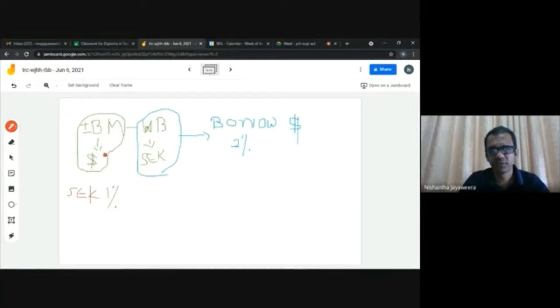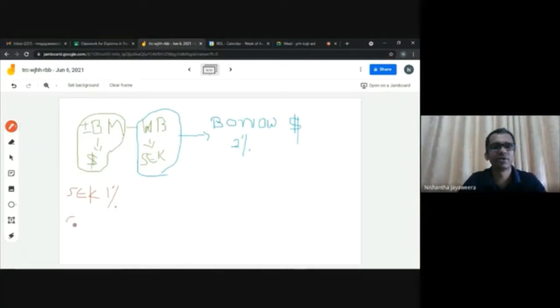But they are also exposed to exchange rate risk. Once you sell Swedish krona and convert it into dollars, whereas you have to pay in Swedish krona in the future, IBM is exposed to exchange rate risk. The other possibility IBM can do is go to the market straight away and borrow dollars.